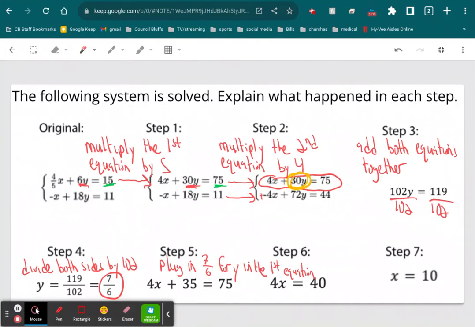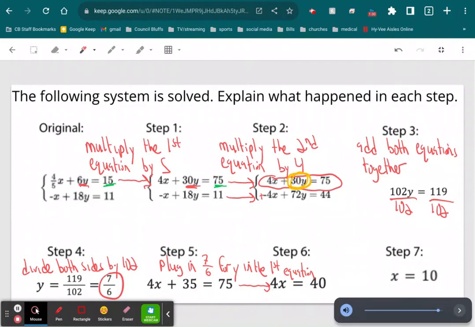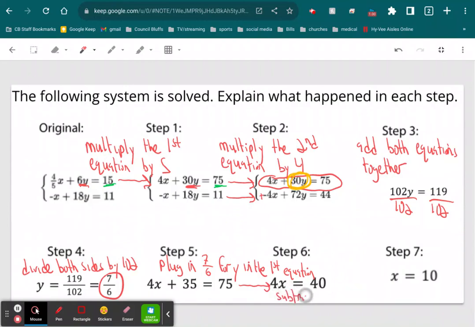And then they go from here to here. 4x equals 40. It's pretty obvious they subtracted 35 from both sides. And then in step 7, they finished it off by dividing both sides by 4.